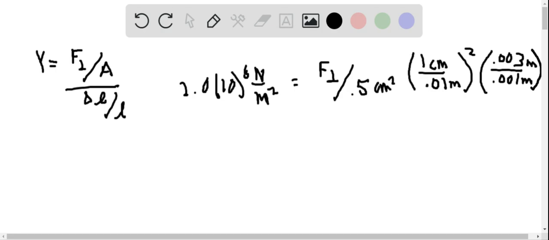Therefore, for our force, we multiply this quantity over here times this Young's modulus. This gives us our perpendicular force.